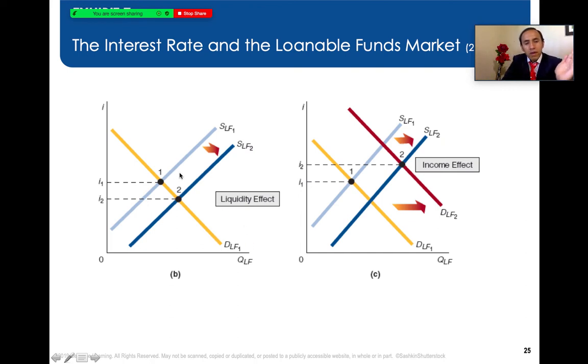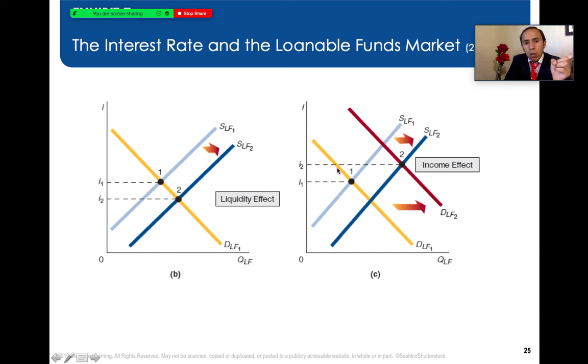The supply of loanable funds increases, putting downward pressure on the interest rate. The interest rate declines. With lower interest rates, consumers are able to borrow more funds at a lower rate. Investors are willing to demand more funds at a lower rate, and aggregate demand increases, and so on. This is considered a liquidity effect, where there's high liquidity in the market at a lower rate.